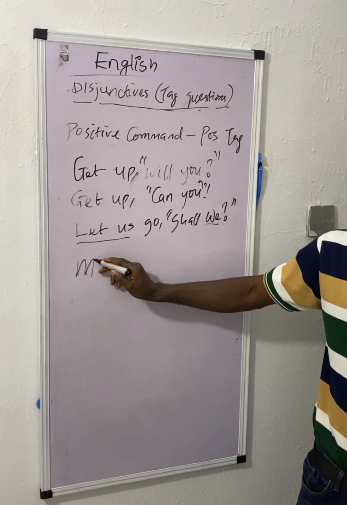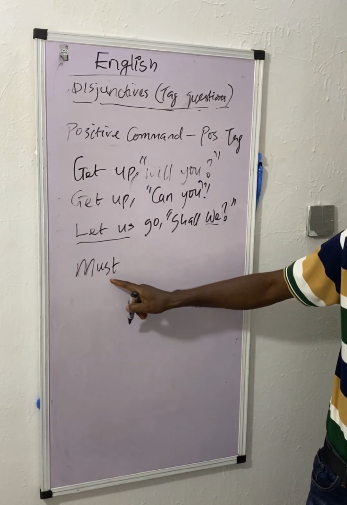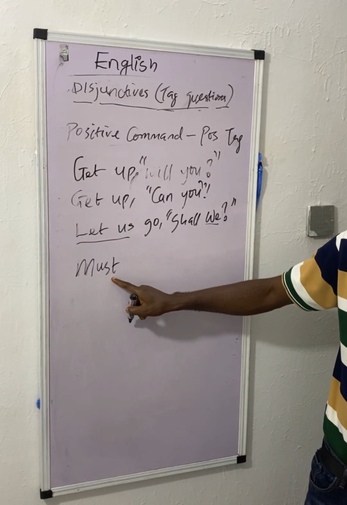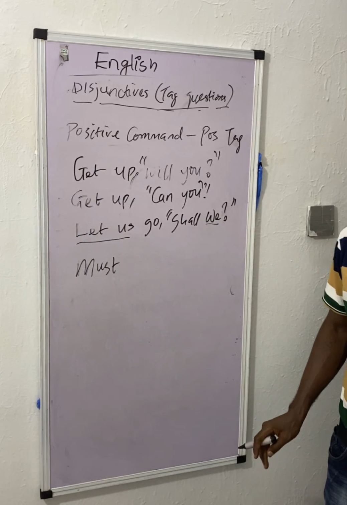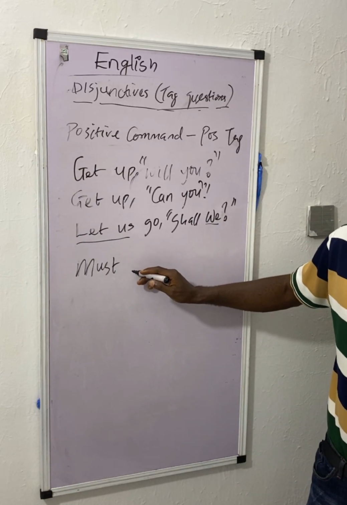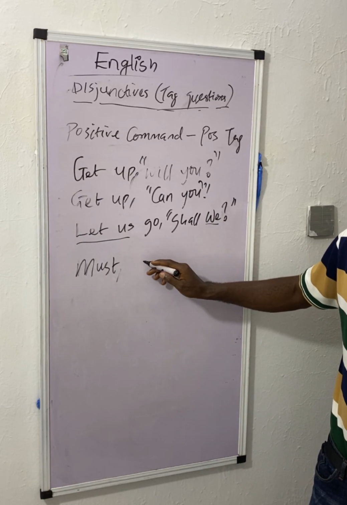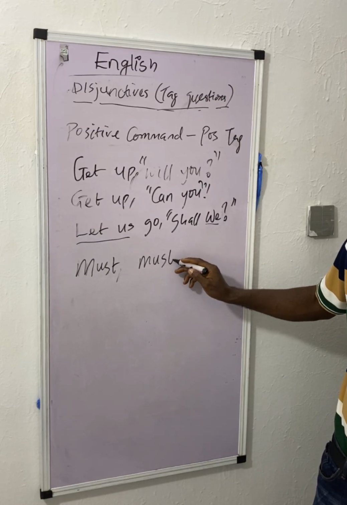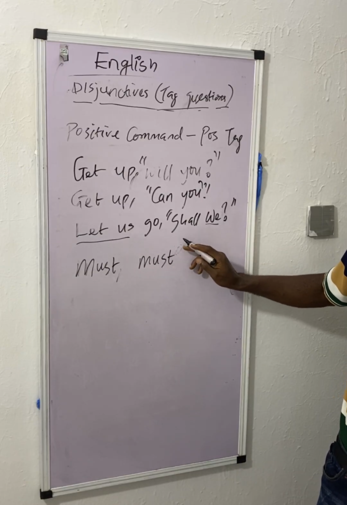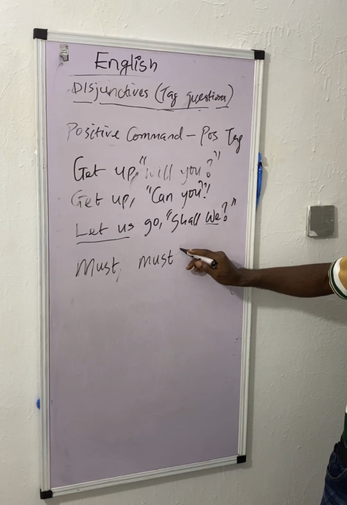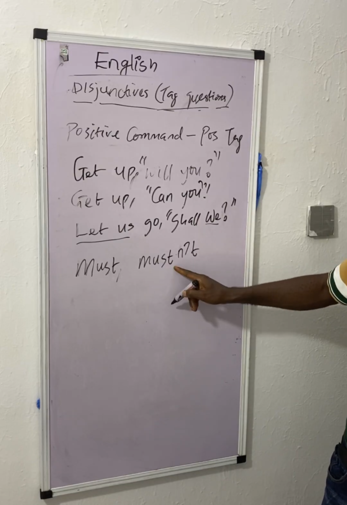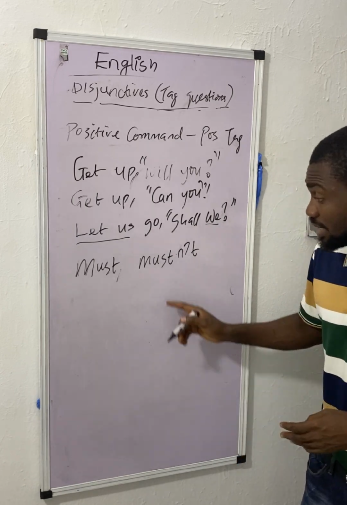Another thing you have to note is must. Must is an auxiliary verb, and it is positive in meaning. But mustn't is supposed to be negative in meaning, right?